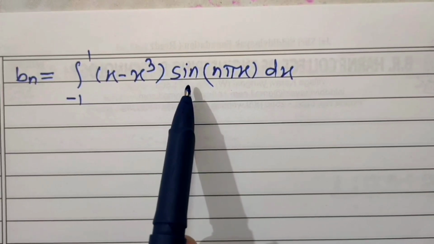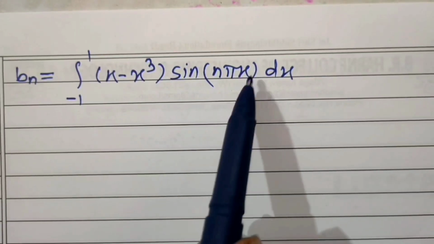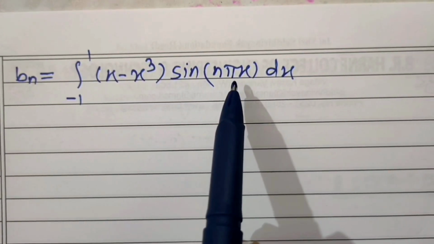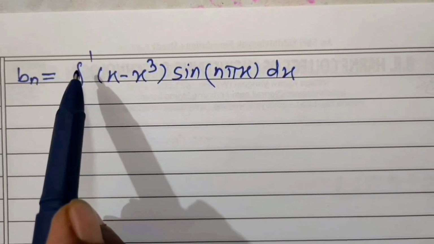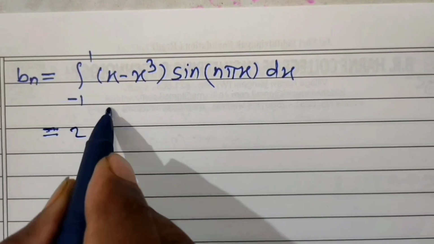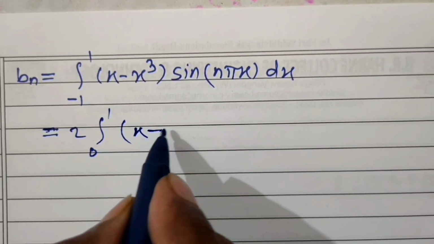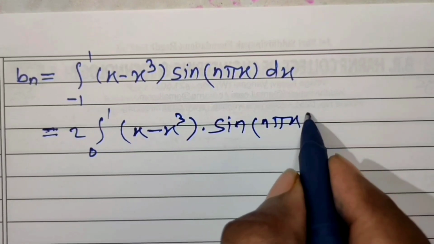So odd into odd is equal to an even function, meaning this integrand becomes an even function. Then for this integral, applying the property of definite integral, we can write bn is equal to 2 times integral from 0 to 1 x minus x cube into sine of n pi x integral with respect to x.